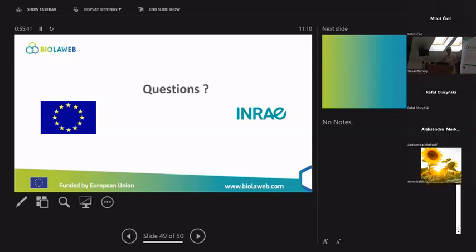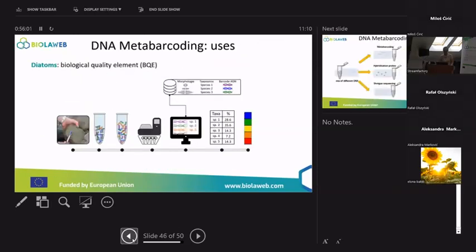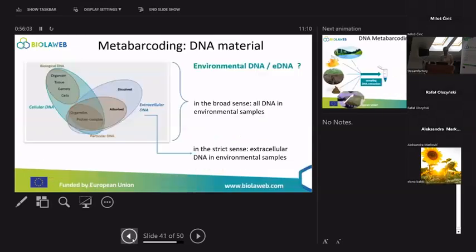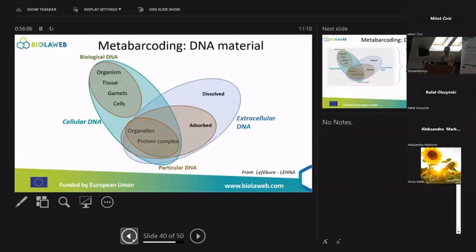Would you add something, Frederick? Yeah. In fact, I really enjoyed your picture where you have this gradient of different kinds of DNA, from cellular DNA or fragments of DNA or DNA in organelles, and then you have extracellular DNA. Yes, maybe we can come back to this picture. Yes, this one. I think it's really interesting.